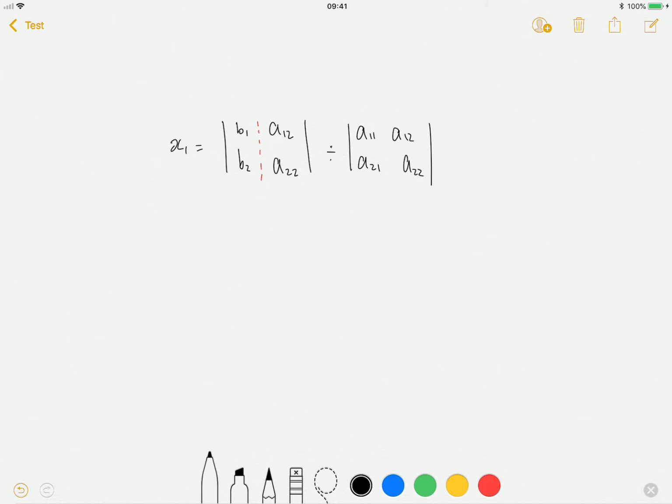Then to calculate x2, all we would do is replace the second column in our numerator. So it would be A11, A21, and remember we're replacing the second column, so it'll be B1, B2, divided by our determinant.